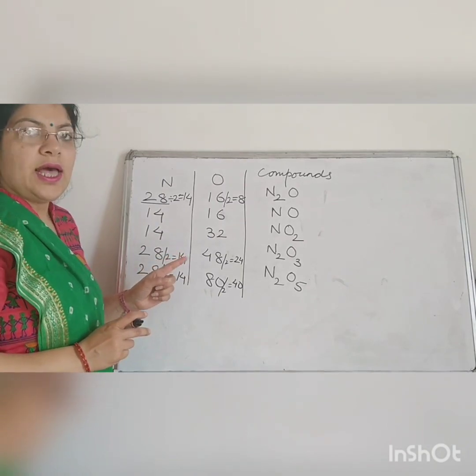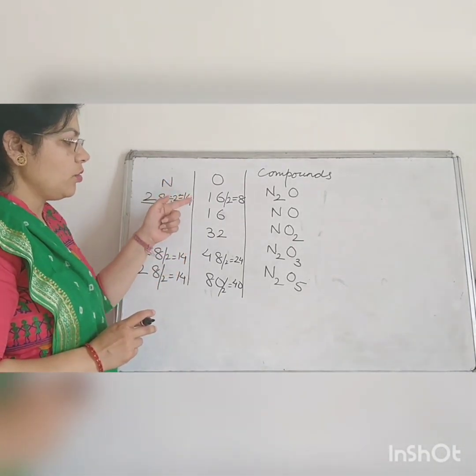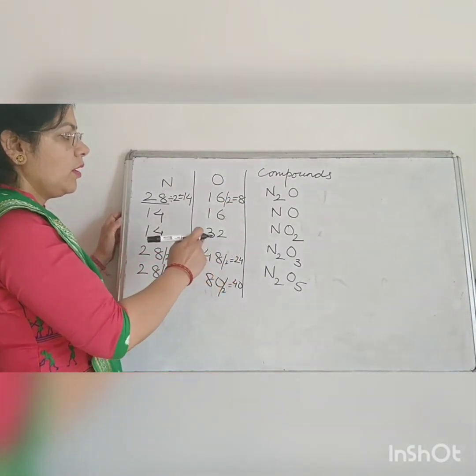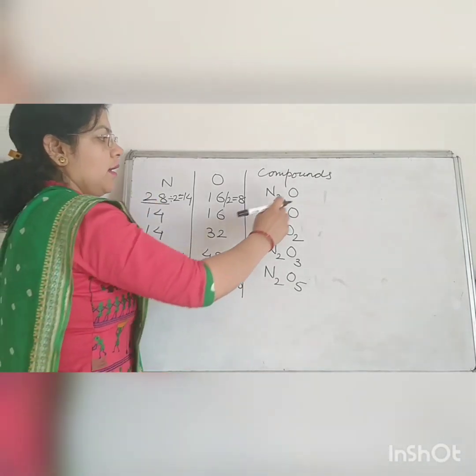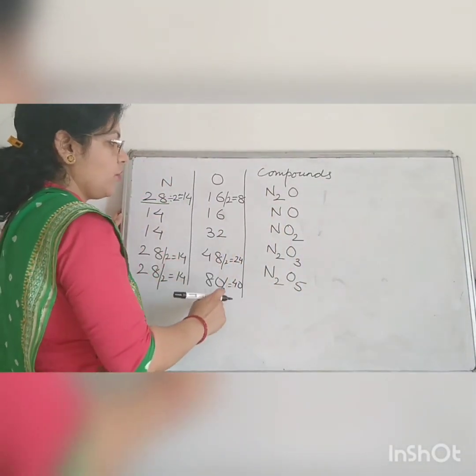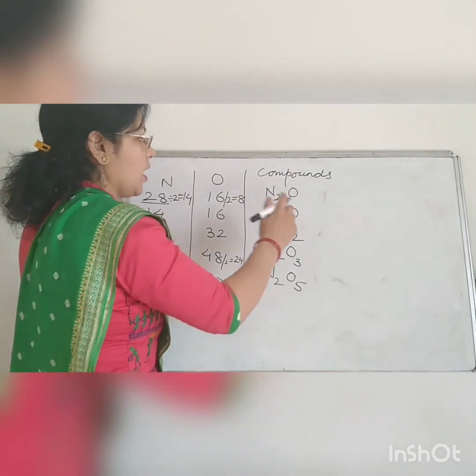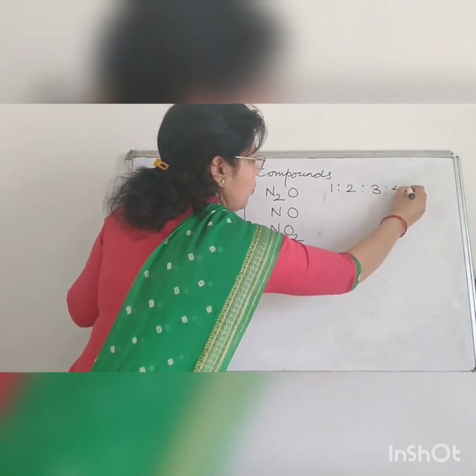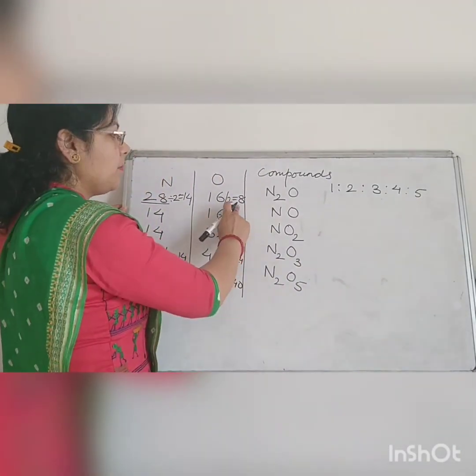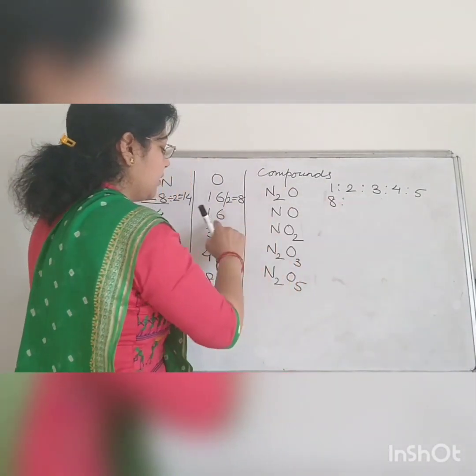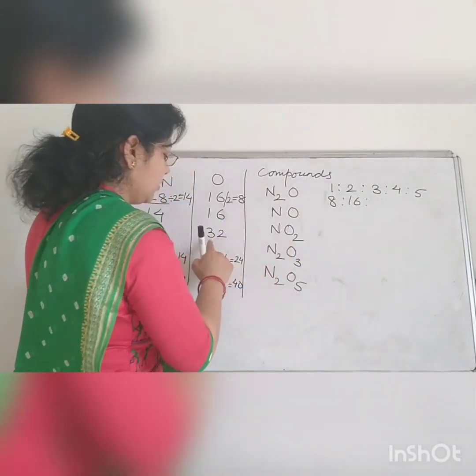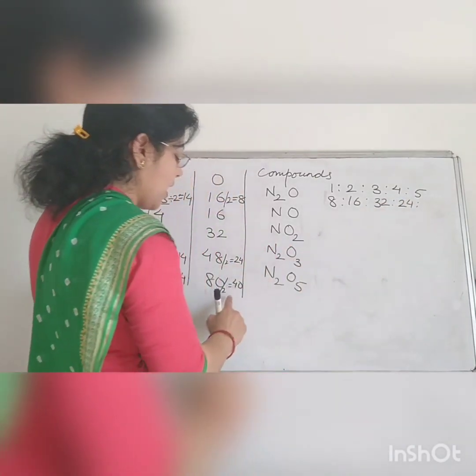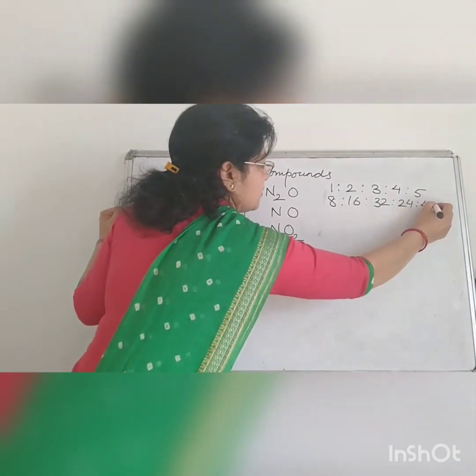Now we have to calculate the ratio of masses of oxygen. Here, the 5 compounds of nitrogen and oxygen are there. Therefore, the ratio of masses of oxygen in these 5 compounds: in the first compound, the mass of oxygen is 8, and in another 16, another 32, and the next one is 24, and in the last one the mass of oxygen is 40.